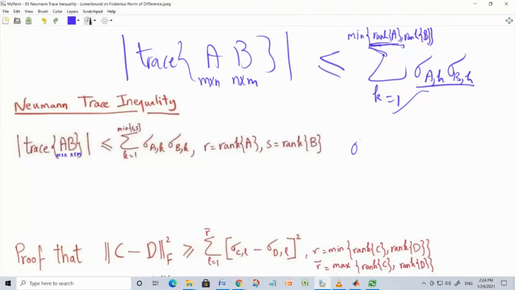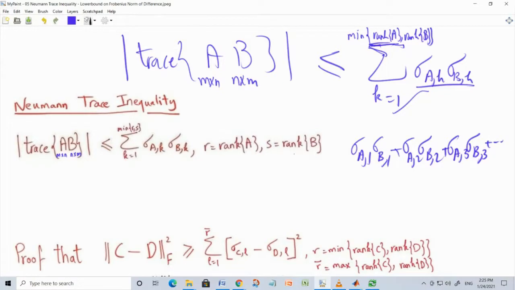Basically this summation is the maximum singular value of A multiplied by the maximum singular value of B, plus the second maximum of each, plus the third maximum, and so on. You stop whenever you hit the minimum rank, because a singular value with an index higher than the rank is exactly equal to 0.